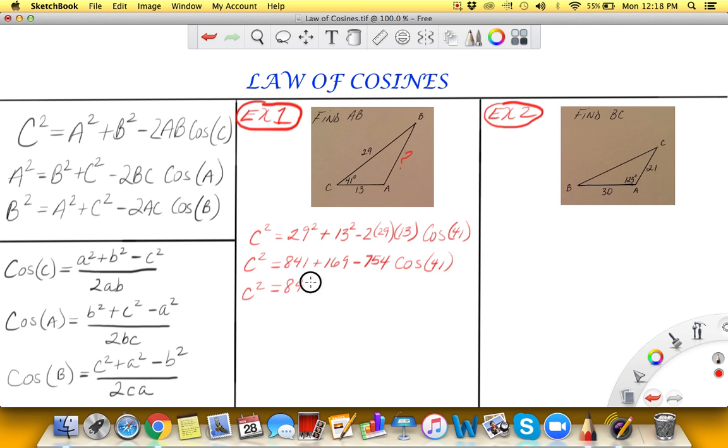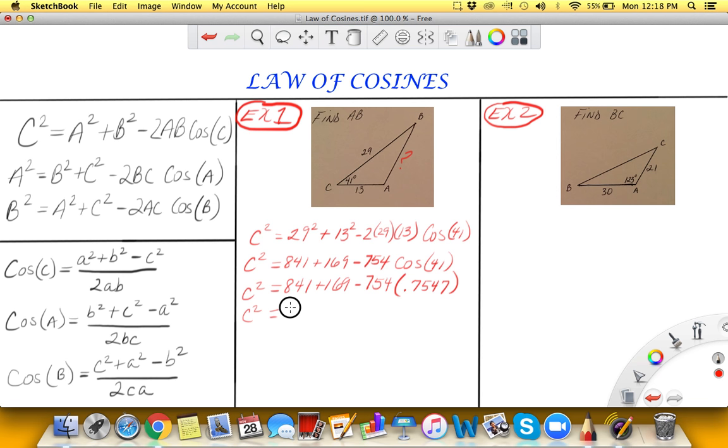So I'm going to keep these first few numbers the same so we can do this almost in terms of order of operation. So the cosine of 41 degrees is actually 0.7547. Now, I typically use 4 decimal places when I'm working with the trig ratios for different angles.